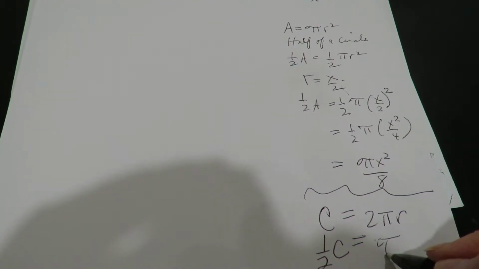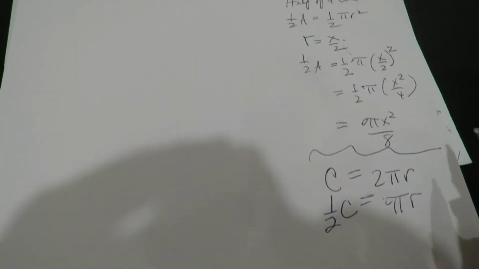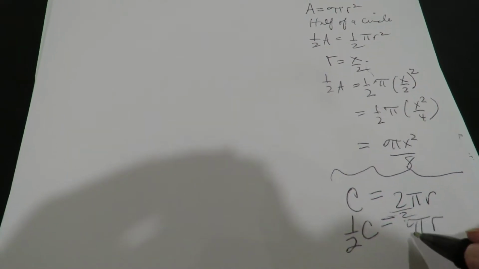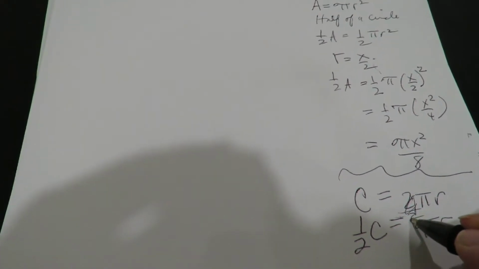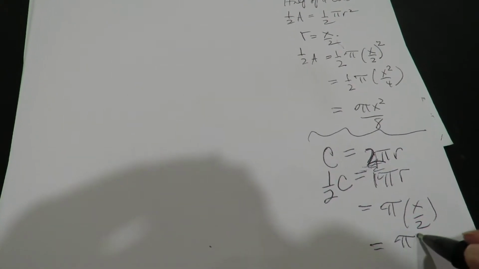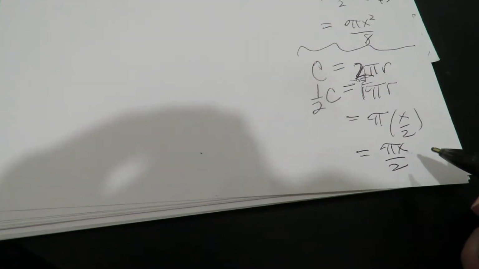So it's going to be pi r. If you divide 2 pi r by 2, it becomes pi r. And again, we said that r was X over 2, so this is going to be pi X over 2.